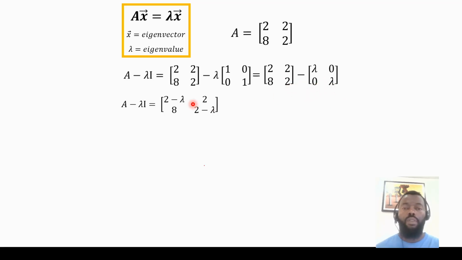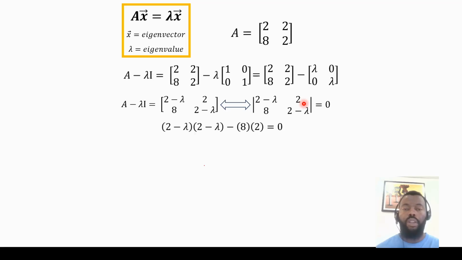So now we have to take the determinant of this matrix and set it equal to 0. So now we will have 2 minus lambda times 2 minus lambda, minus 8 times 2.